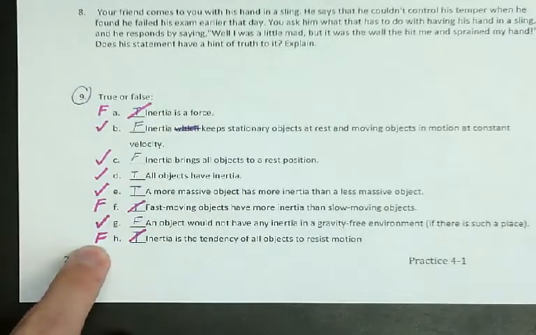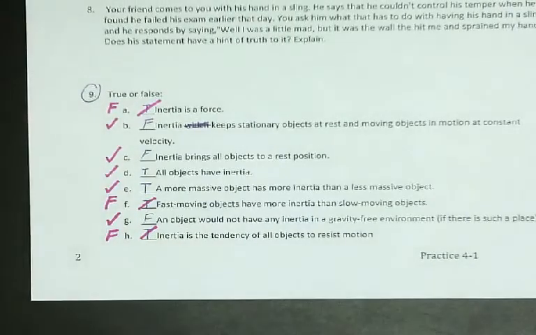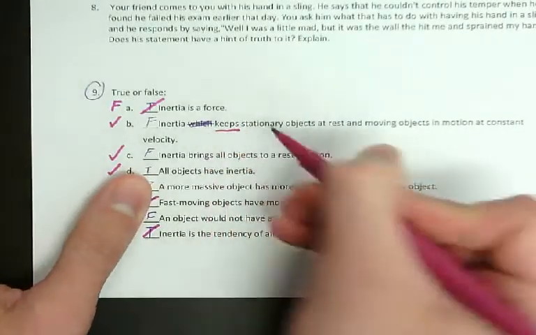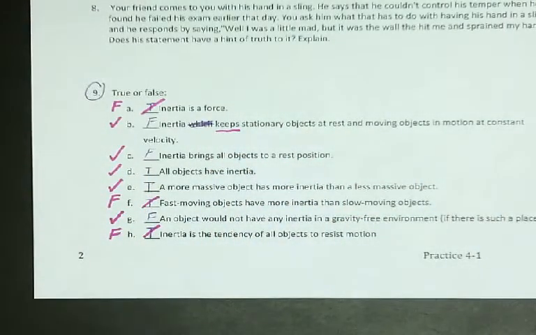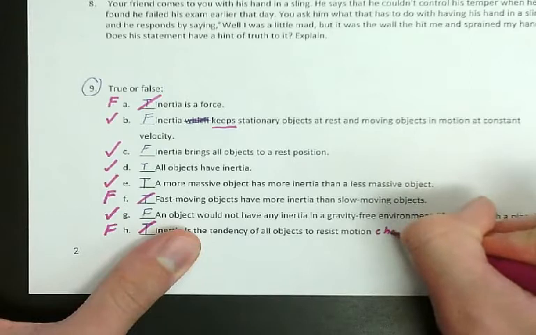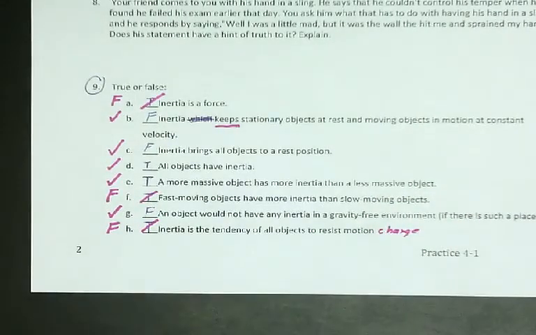H is very tricky. B is very, very, very tricky, because the word I'm being picky on is "keeps." That's a really minor word for me to be picky on. On this one, it's missing a word, change. That's the only thing it's missing. So, anyway, good job on those.